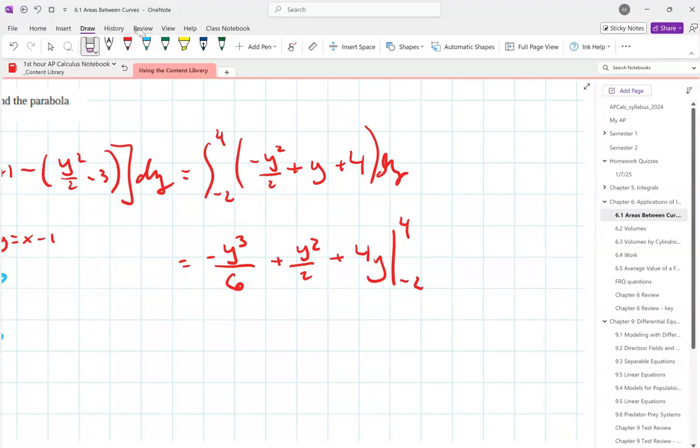Next section, we're going to be computing volumes. Actually, the next two sections are volume problems, which is quite a bit more difficult unless you have very good imagination. If you have very good three-dimensional imagination, it's much easier.